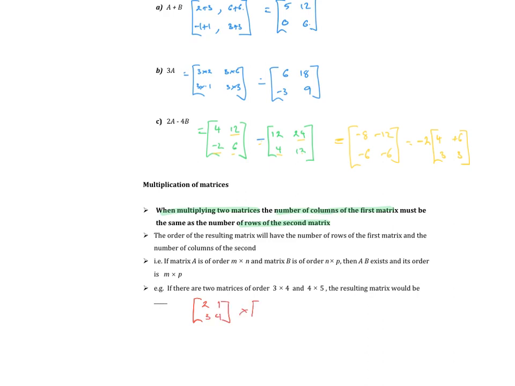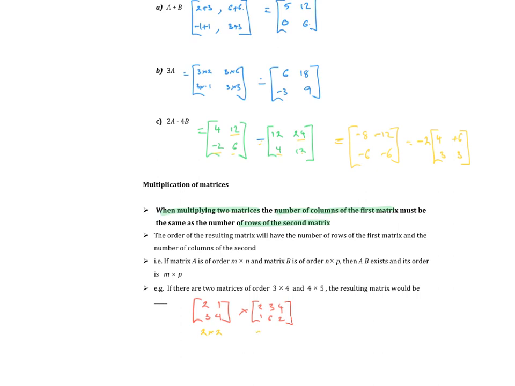So what I'm saying is, if I've got a matrix 2, 1, 3, 4, and I want to multiply that with the matrix 2, 1, 3, 6, 4, 2, I want to check the order of this matrix is 2 by 2.